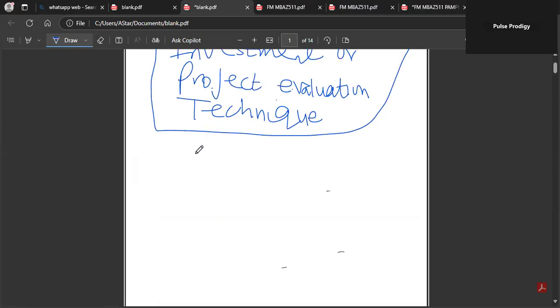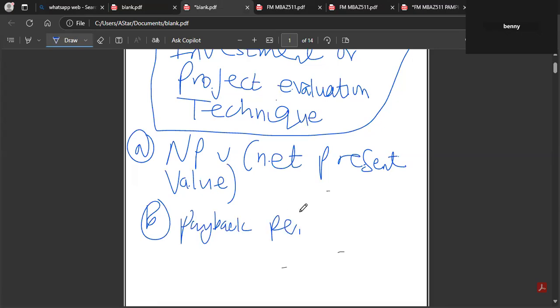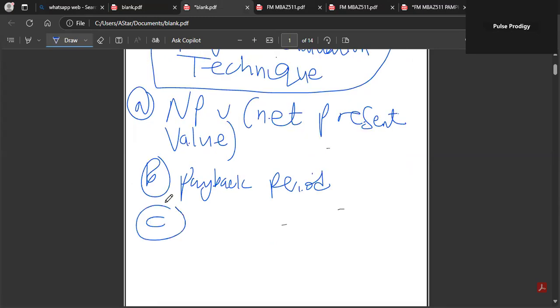We have the NPV, which is the net present value. Then we have the payback period, which is the second technique.